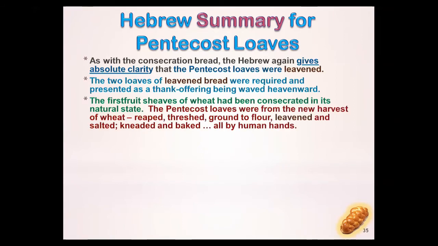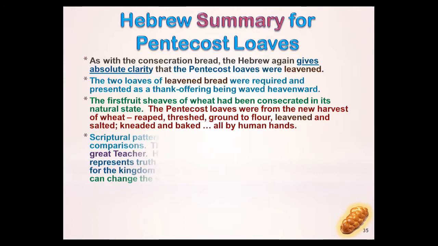The first fruit sheaves of wheat had been consecrated in their natural state, and the Pentecost loaves were from the new harvest of wheat. They were reaped, threshed, ground to flour, leavened, and then salted, kneaded, and baked. And this was all by human hands.